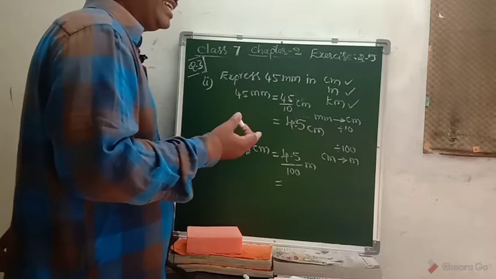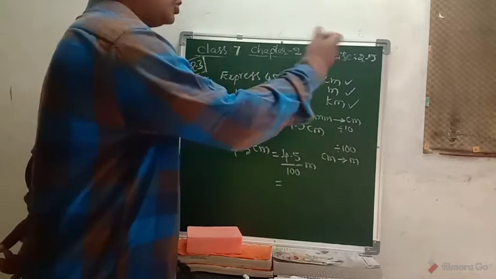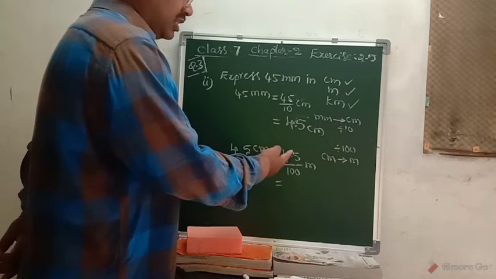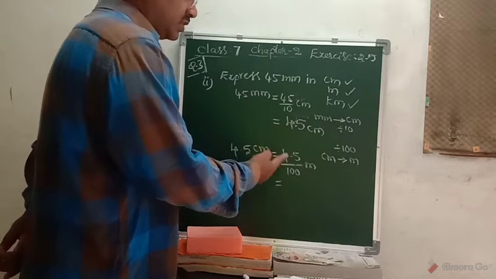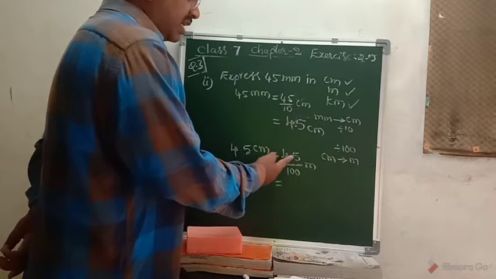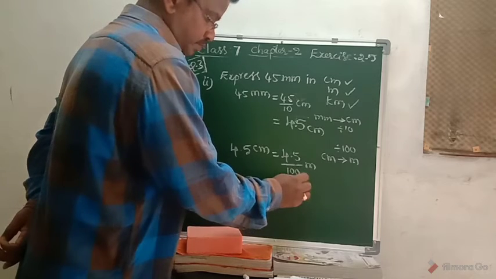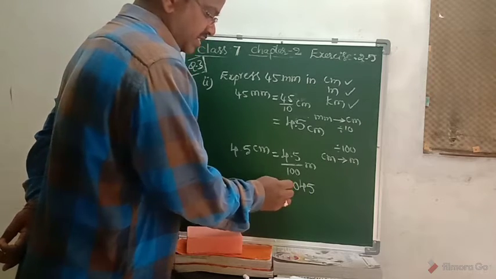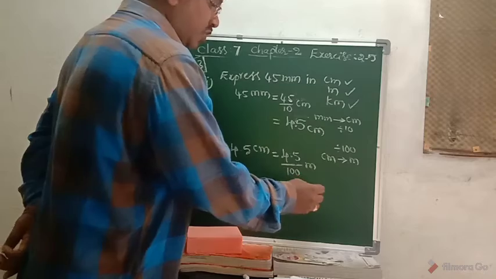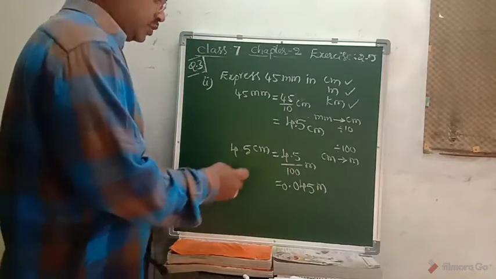When we multiply decimals by 10, 100, 1000, the decimal point moves to the right. Here it moves 2 digits to the left, so 4.5 becomes 0.045 meters.